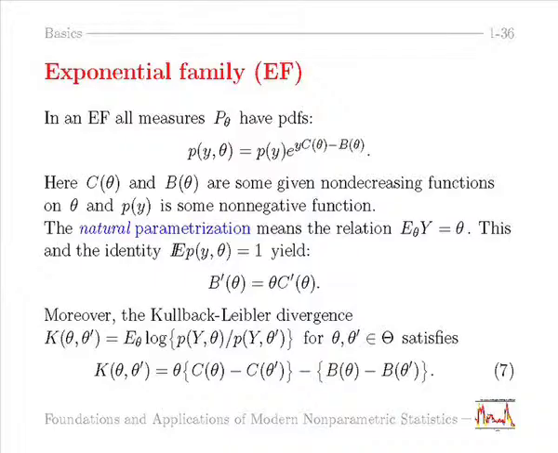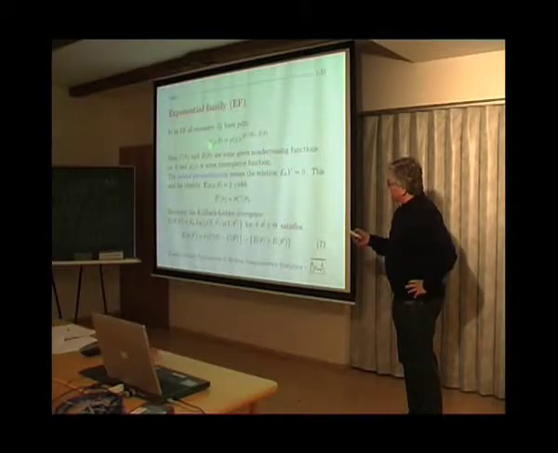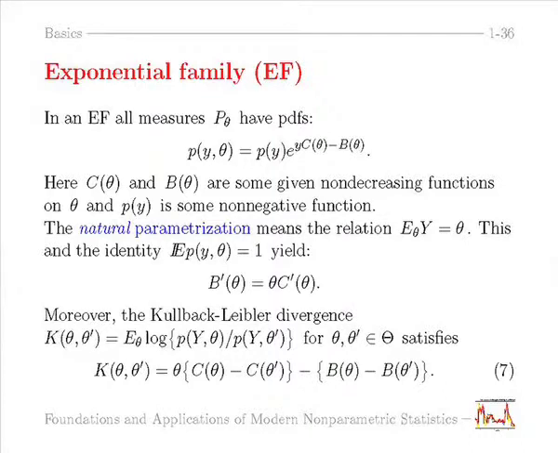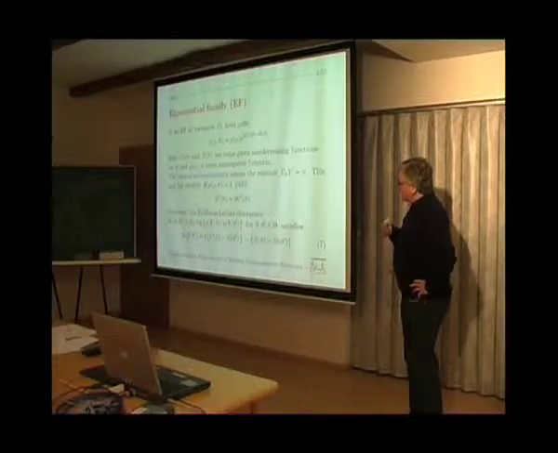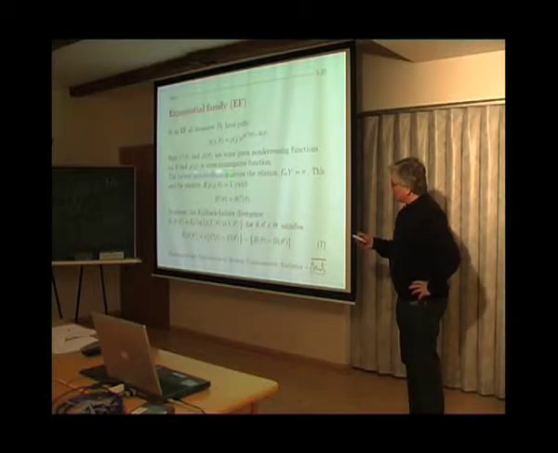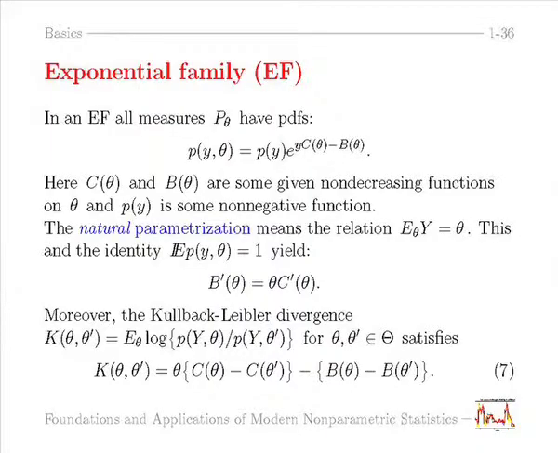Okay, now more general, as Ruslan said, we can put all this stuff into a so-called exponential family, where the PDF is given in the following form: p(y, theta), then a function p and y, and parameters c and b in the exponent. There is a relation between b and c if we parameterize this exponential family in the so-called natural way.